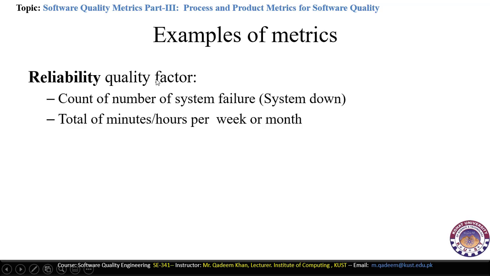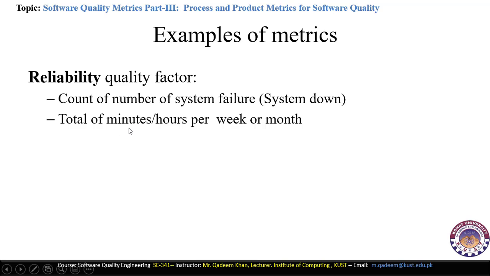Reliability quality factors. Here we will count the number of system failures, system down. So the count of the number of system failures means how many times that particular system is down or failed in a particular period of time. For example, in one month, how many times has the system failed.